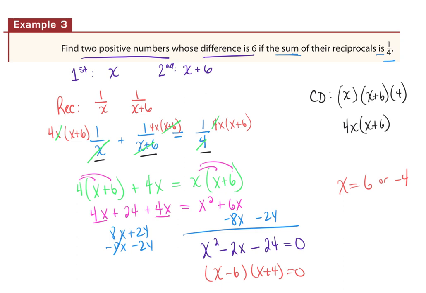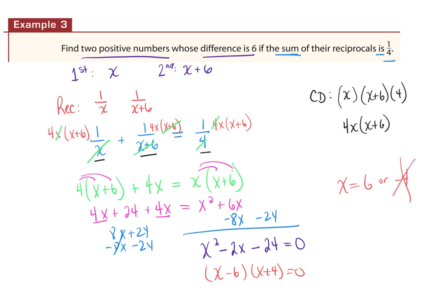I need to go back and make sure that this actually works, because I have a question that kind of narrowed it down for me. What's my first few words of my question? 2 positive numbers. So which one of those clearly is not going to be part of this? Negative 4 is automatically not going to work.